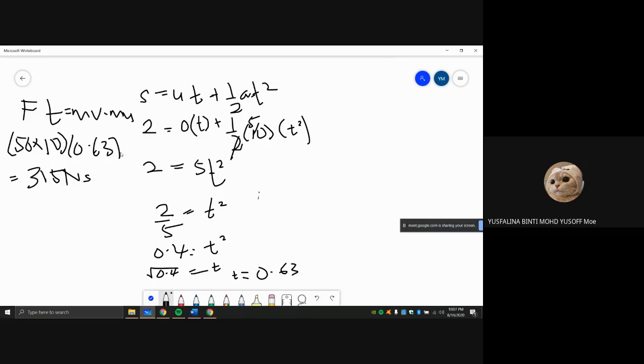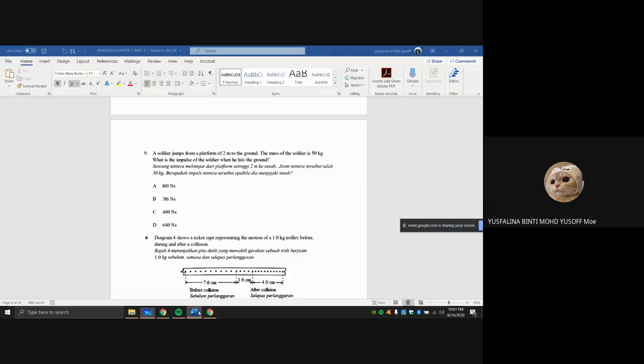We cannot use this one because they don't give you initial velocity, final velocity. Or if you want, I think also can. You can find the V, but you use this formula: V square is U square plus 2as. It depends on you. You still can get the same answer, right? So the answer should be 315, 316, that's the nearest one, because we have a lot of decimals there. So the answer is B.